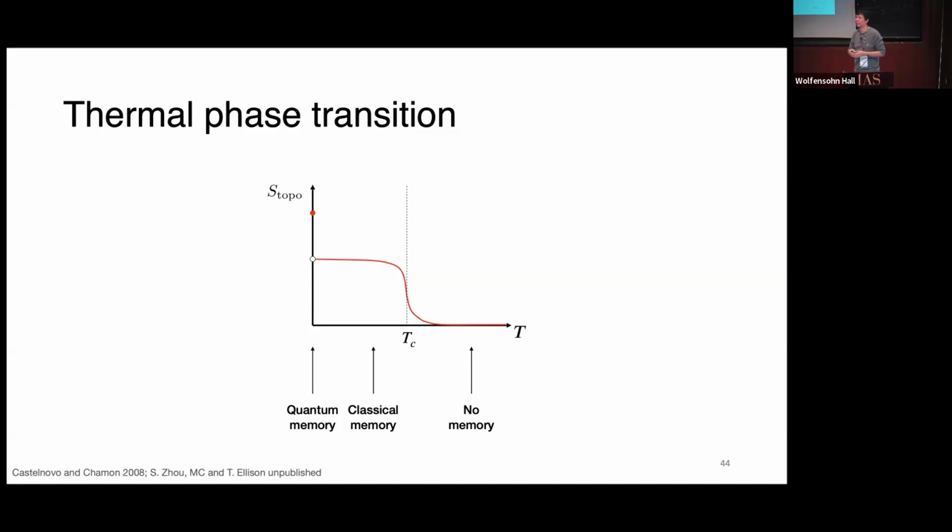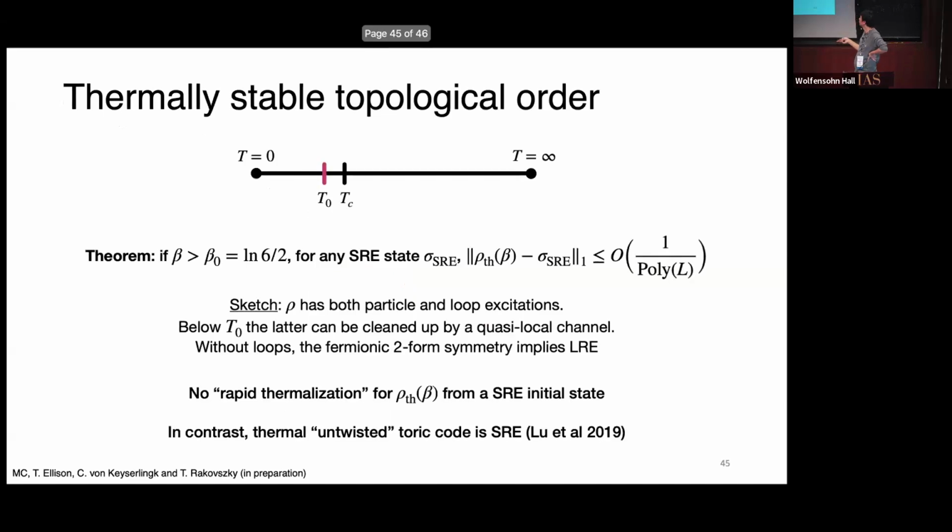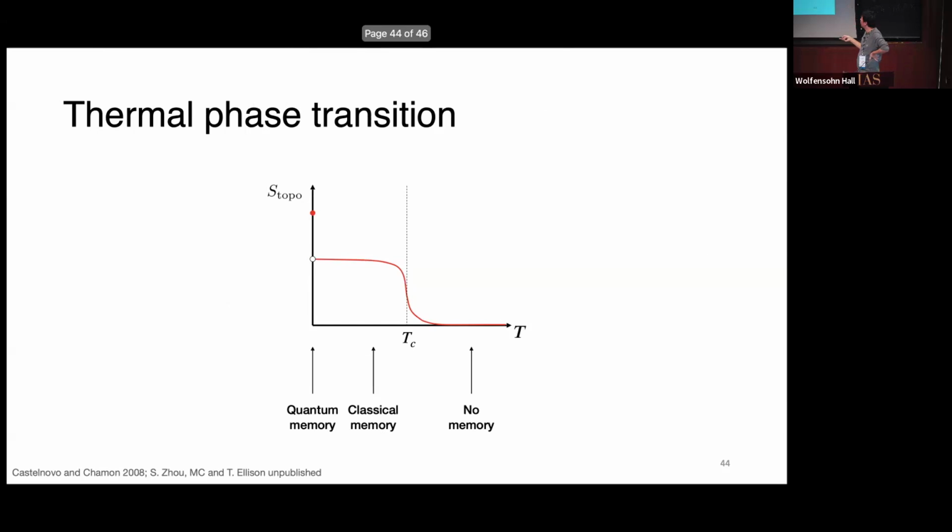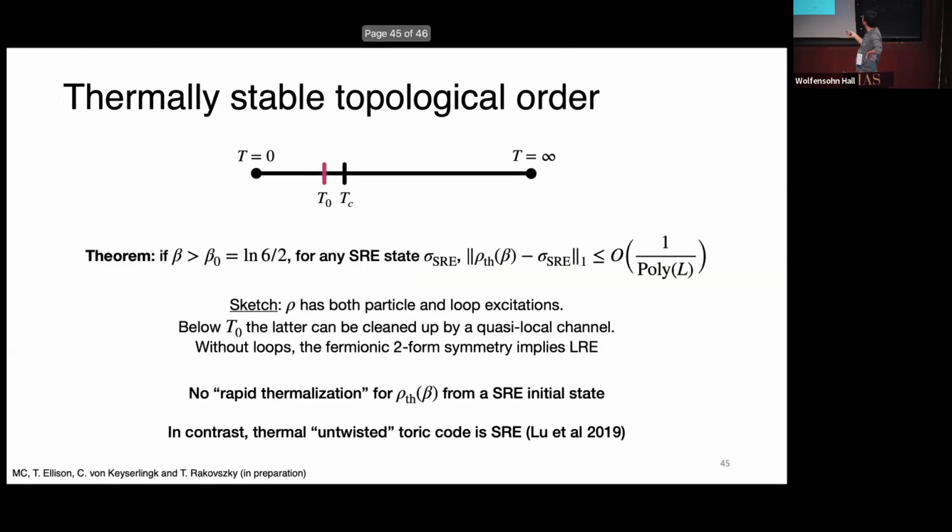I think there was a question. Can you say it differently using quantities like coherent information, which would imply that there is no recovery channel? Because you want to show that this is not self-correcting, but the topological order is thermally stable. Well, what we can show is that it's very far from any short-range entangled state. I think you mentioned some measure of entanglement; I'm not sure I follow.